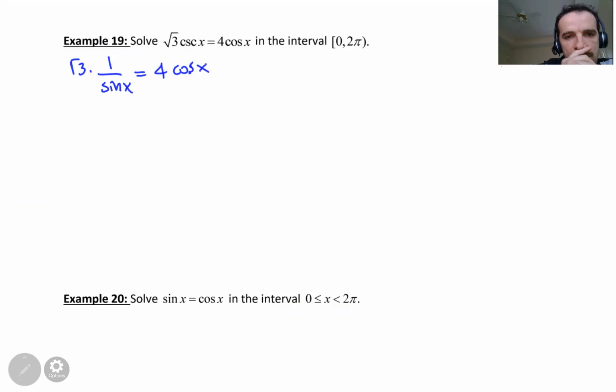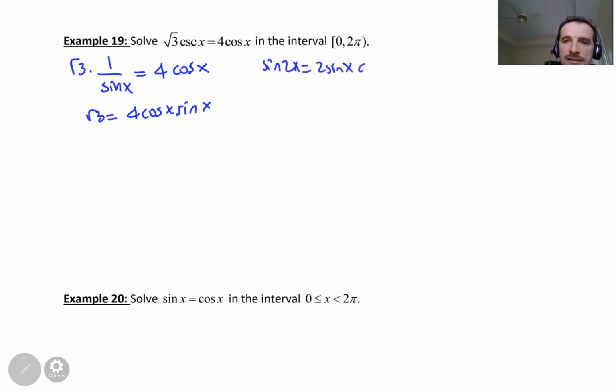And now let's multiply both sides with sine x. So root 3 equals 4 cosine x sine x. Whenever I see cosine x sine x, it reminds me of a formula, right? The double angle formula for sine. Let me remind you that sine 2x equals 2 sine x cosine x.